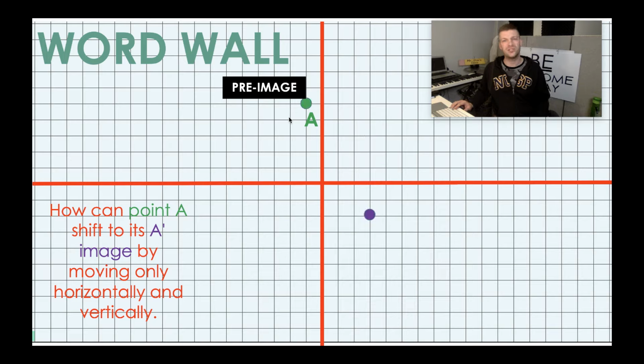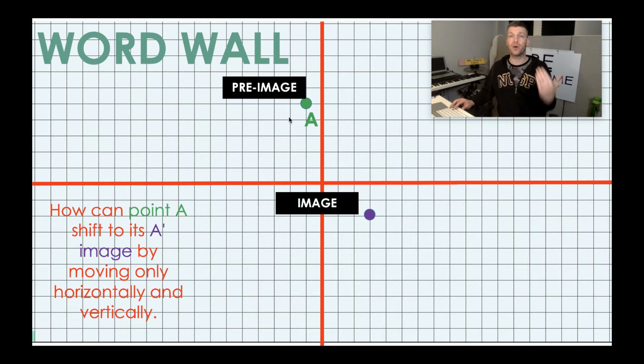What an animation. That is PowerPoint level 2 for all of you following at home. Okay, so we are translating, or we're transforming this point. Okay, so the green one is the pre-image, and now the purple one, you guessed it, is called the image. Now, think back to that last slide.